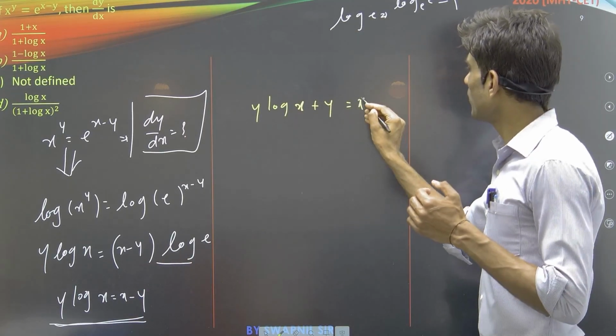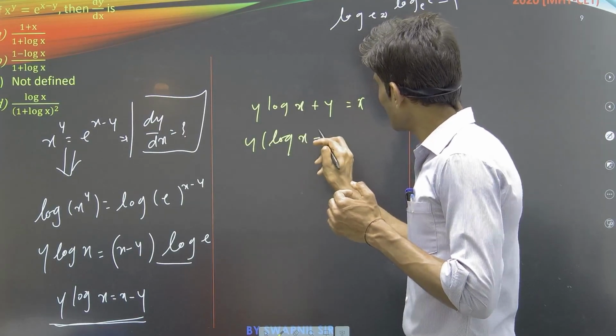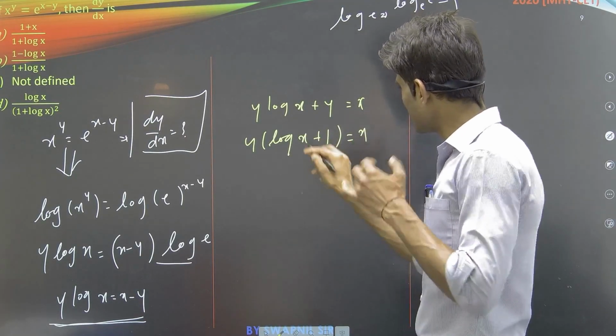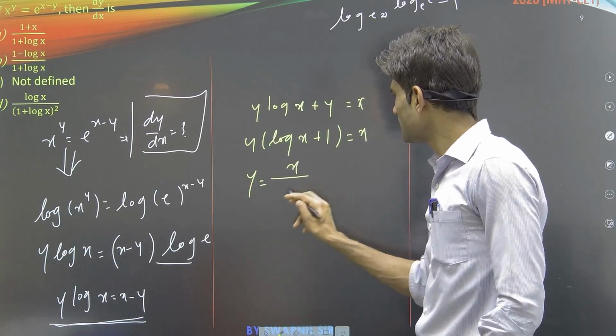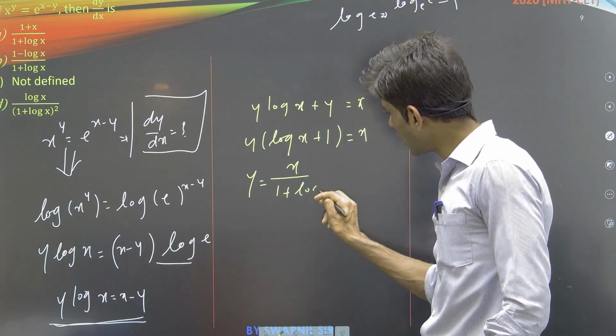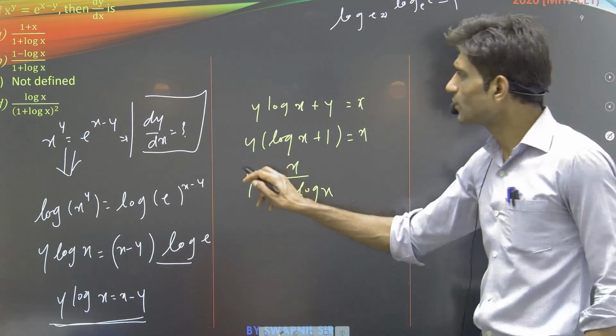Take y common from these two terms: y into (log x plus 1) equals x. Take that part as the denominator, so we write y equals x upon 1 plus log x. This is our required function y.